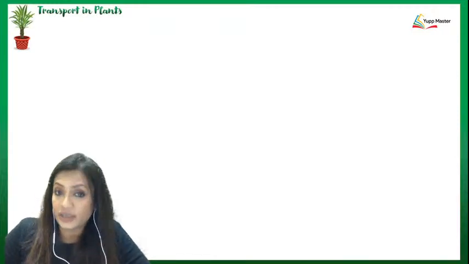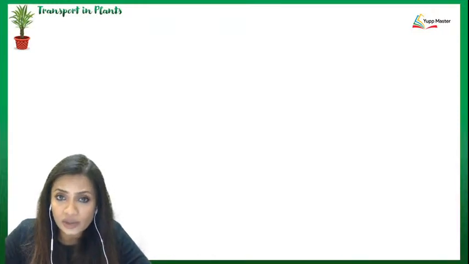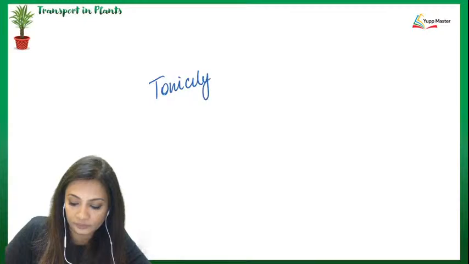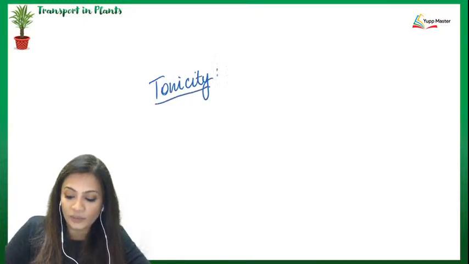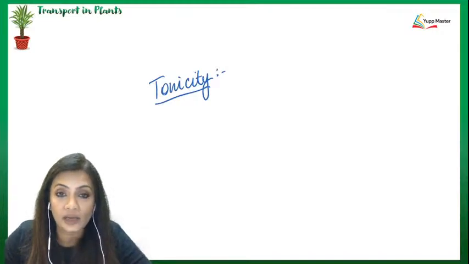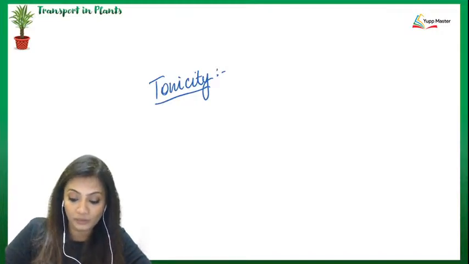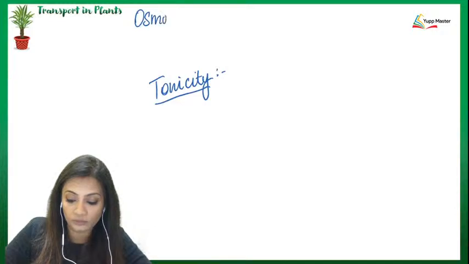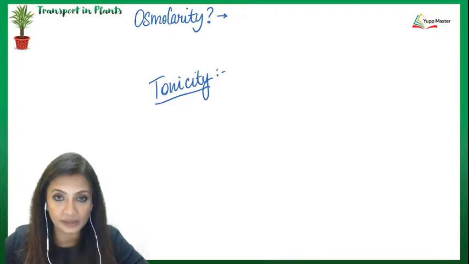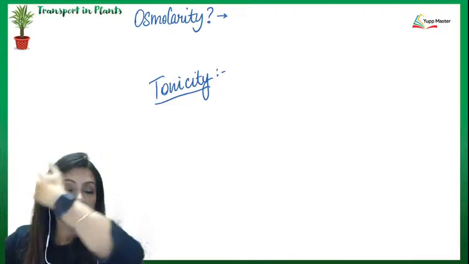Okay. Now, I'd also like you to come towards a terminology, and that terminology is going to be called as tonicity. Okay. Now, what is tonicity? Let's come to that term, tonicity. When we talk about tonicity, it is all about osmolarity. Now, one more word. So, ma'am, what is osmolarity? Well, osmolarity is basically the concentration of solutes.